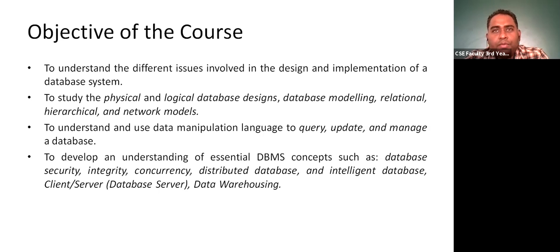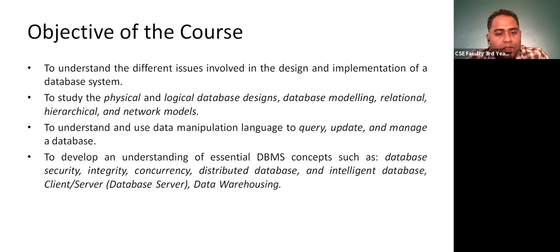If a particular user doesn't have the rights to read, write, execute, or delete, he or she may not be able to perform those things. So granting access as well as revoking or taking those controls from that particular user can be done in the data control language.